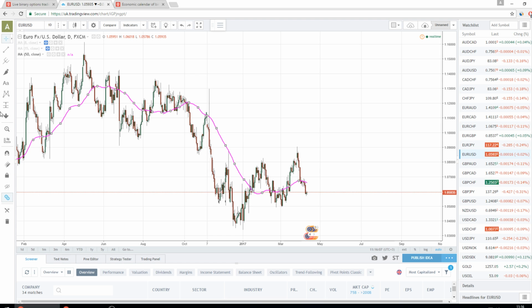Well, basically, it can be used both for those traders who prefer long-term trading, and for those who prefer short-term trading. Because of course here I show you the chart, the changes in price for like 1 day time frame, but you can also use it for 1 minute, 5 minutes.